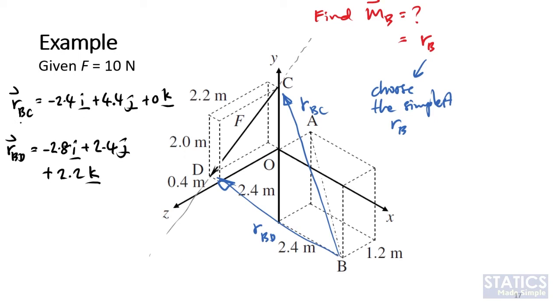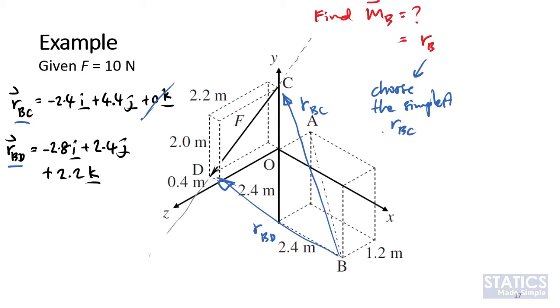One is to use RBC, which has only two components along I and J. The other is to use RBD, which has three components along I, J, and K. Of course, if you choose RBC, your calculation will be much simpler because you don't have a component along K. This is what I meant by choosing the simplest position vector R. In this case, we will choose RBD.